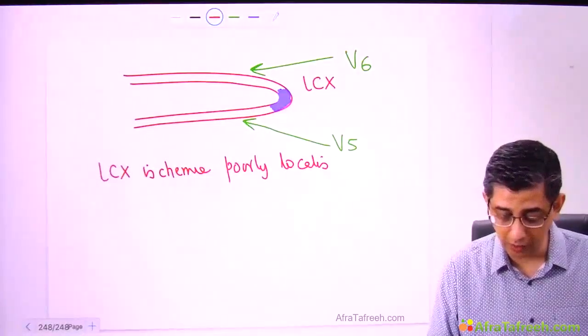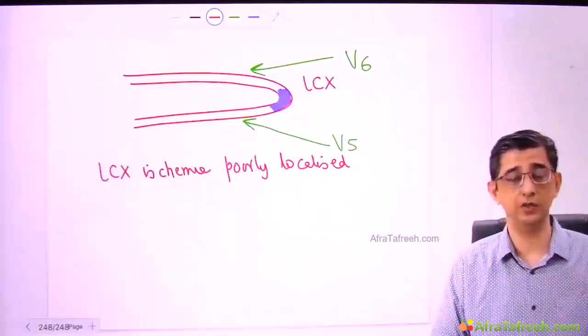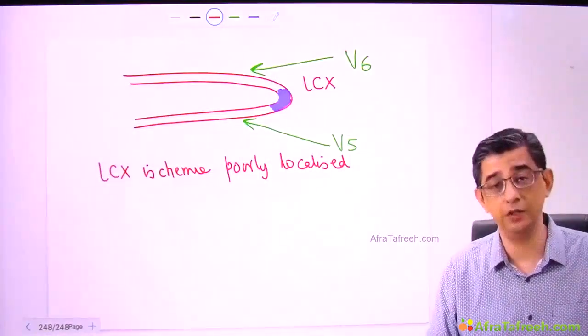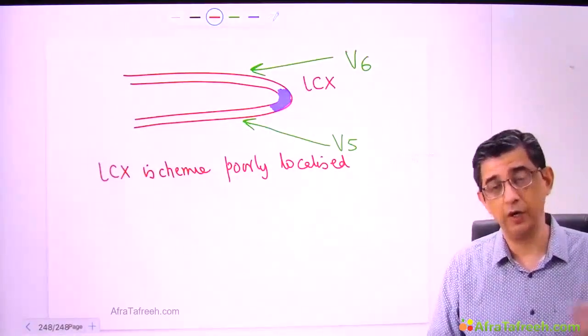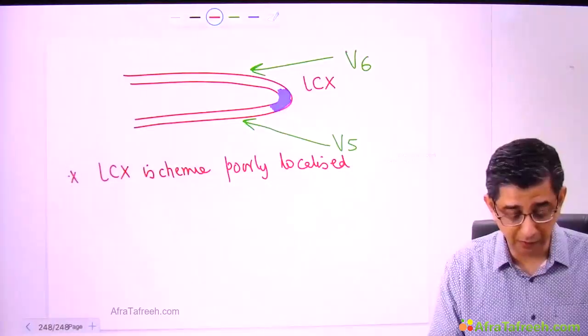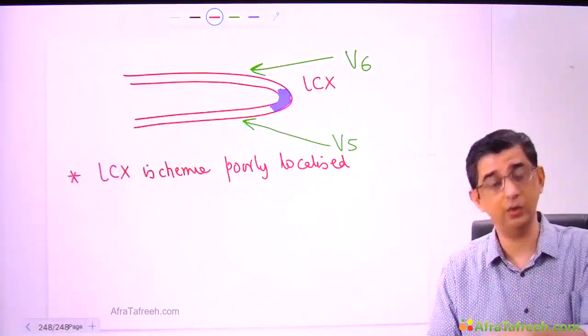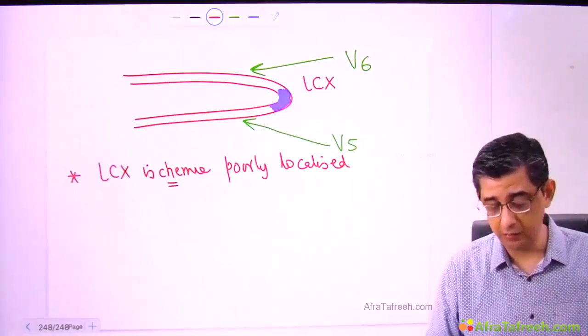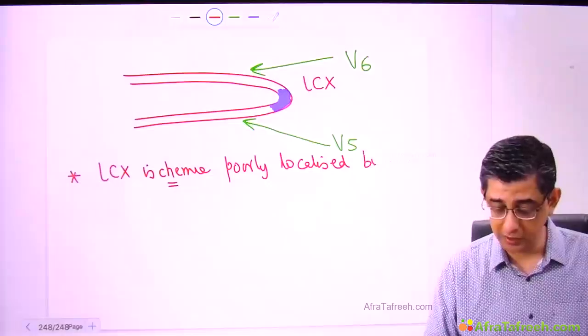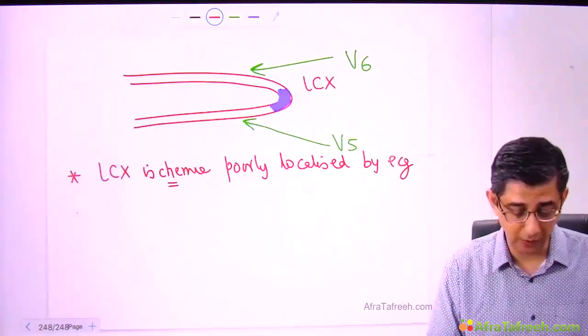This is one of the limitations. I have always been praising ECG for diagnosis of myocardial infarction. In fact, I began the discussion by telling you the ECG findings within seconds, within minutes, within hours. But now I'm criticizing it by saying that it is a fault with the technology that we are using, that the electrodes have a blind spot. So left circumflex artery ischemia is poorly localized by ECG. That is one of the limitations.